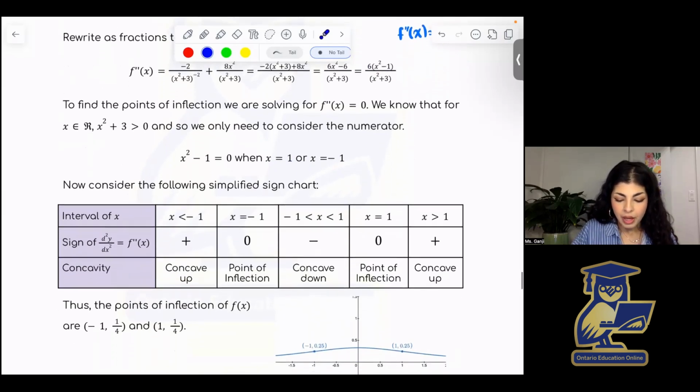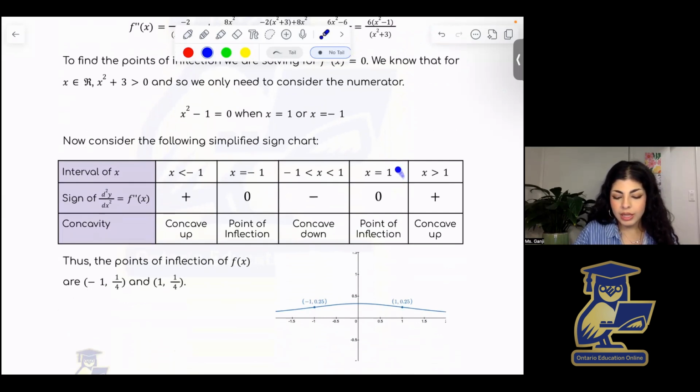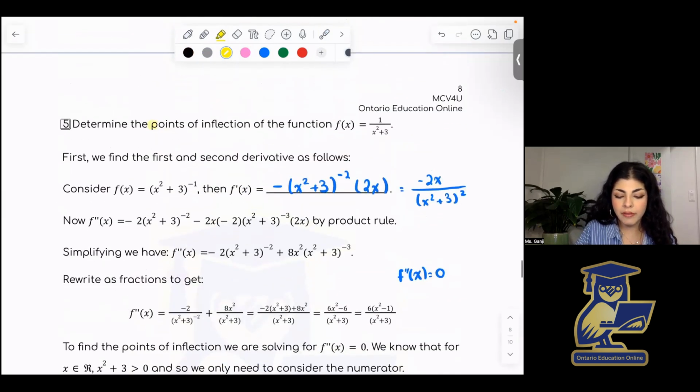So now, I included this here as well, just a different way of showing the sign chart. This is a simplified sign chart because I'm not looking at the first derivative and intervals of increasing and decreasing, because I was only asked about points of inflection. So I only care about concavity.